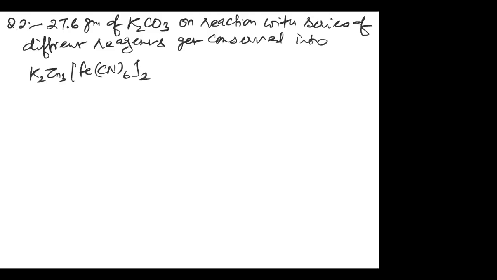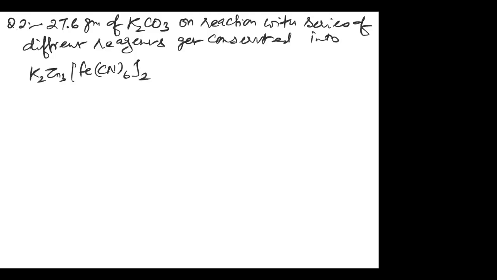So 27.6 gram of K2CO3 on reaction with a series of different reagents gets converted into K2Zn3[Fe(CN)6]2.